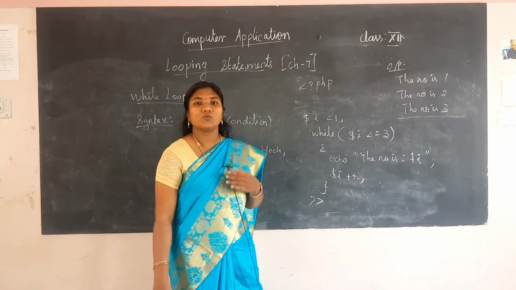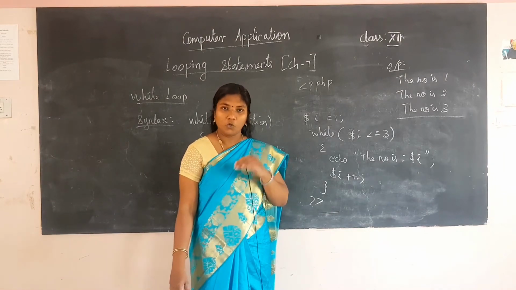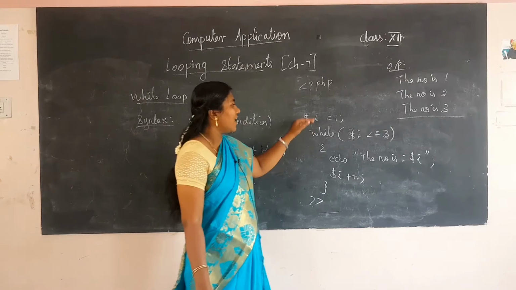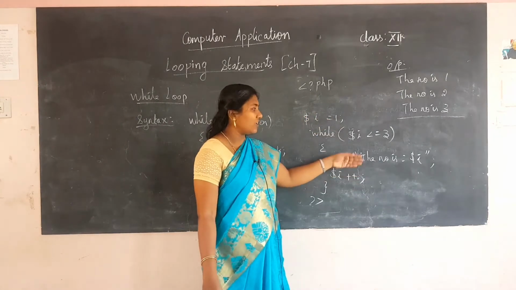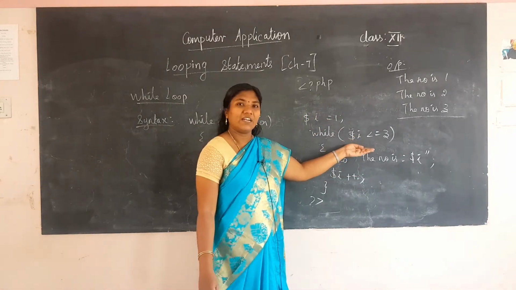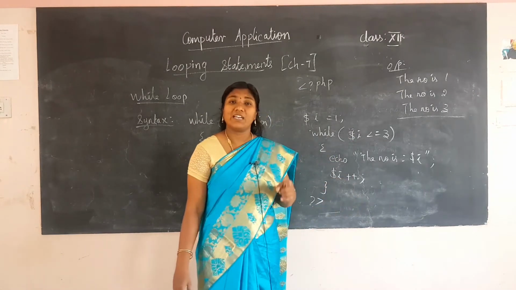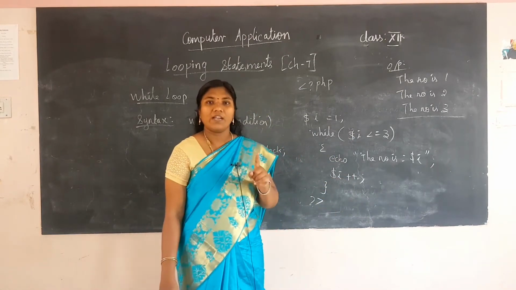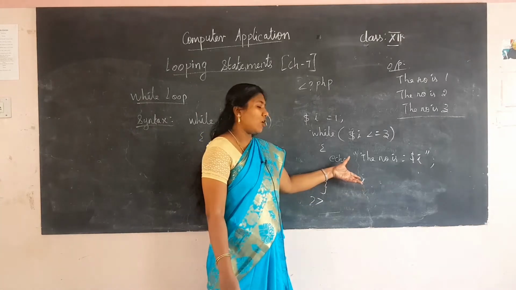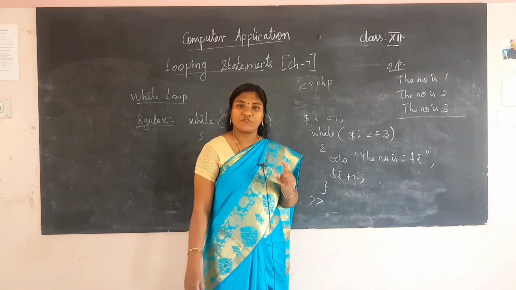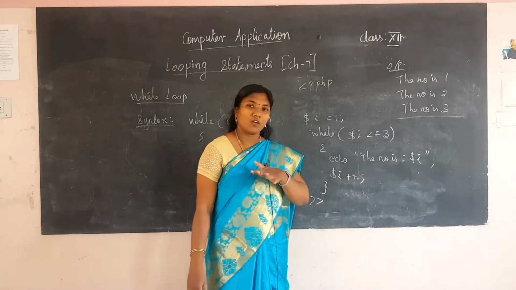We call this while loop an entry control loop, because when it is entering the loop itself, we are checking the condition. Only if the condition is true will the block of statements be executed. If the condition is false, the block of statements will not be executed.